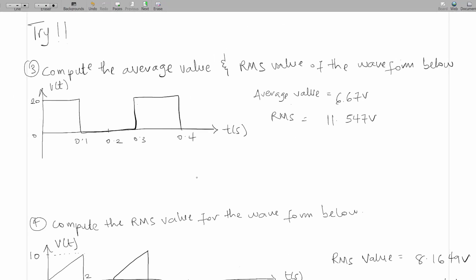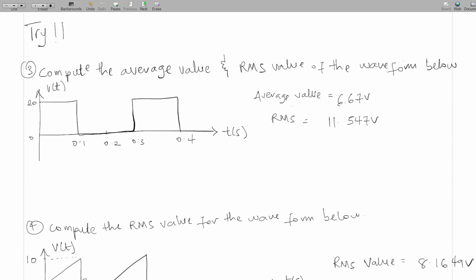So these will be some trial questions for you guys to try your hands on. Question 3 says you should find the average value and the RMS value for the waveform below. I have the answers over here. When you try them and you get them, then hooray, it means you've understood.